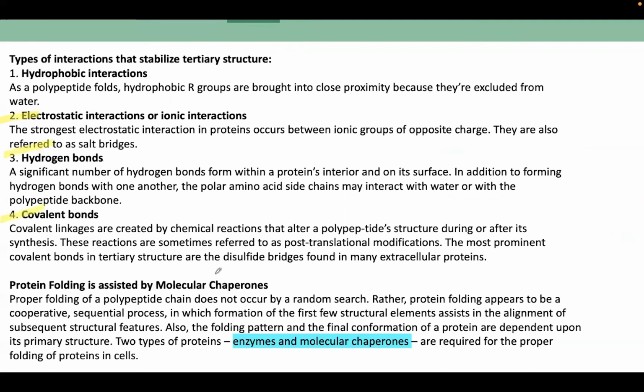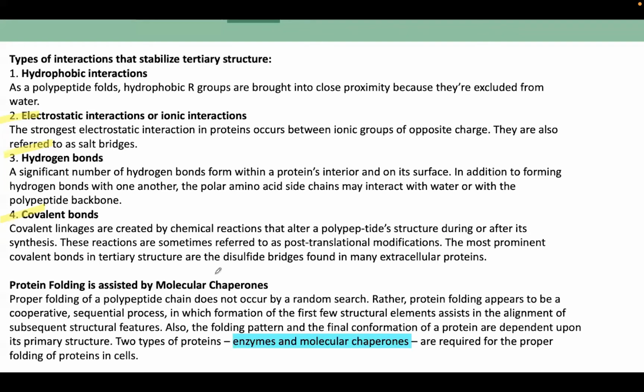And lastly, the protein folding is assisted by the molecular chaperones. Okay? Madami talagang naitutulong si molecular chaperones dito, lalo na sa protein folding. Protein folding of a polypeptide chain does not occur by a random search. Rather, protein folding appears to be a cooperative sequential process in which formation of the first few structural elements assists in the alignment of subsequent structural features.